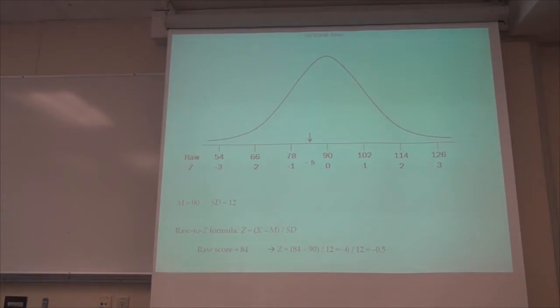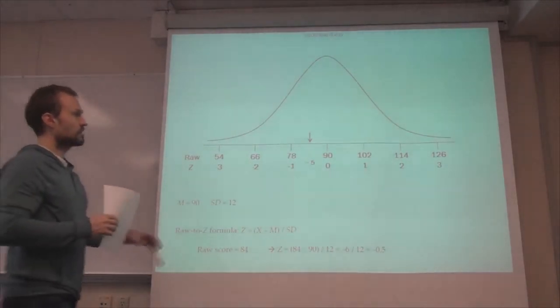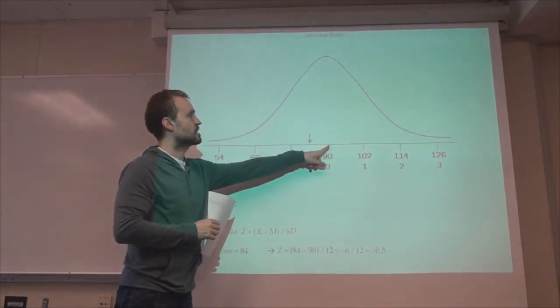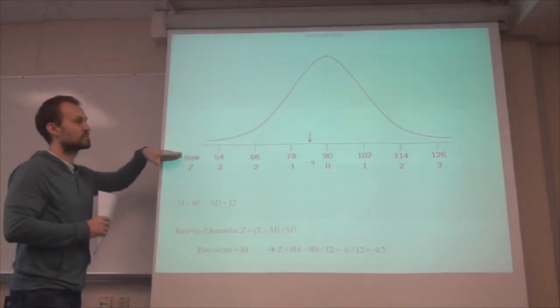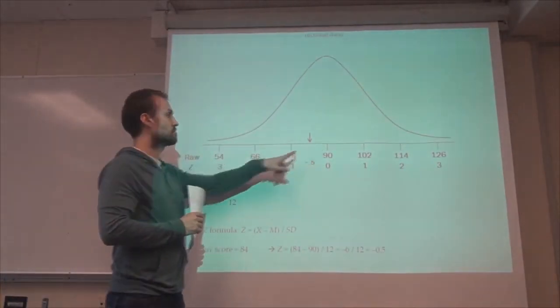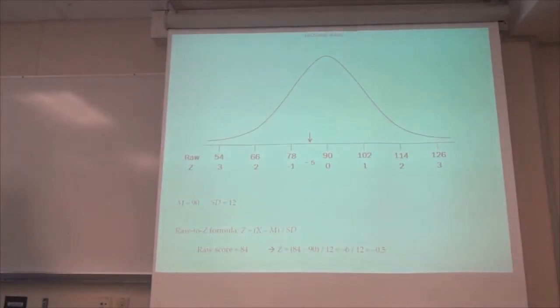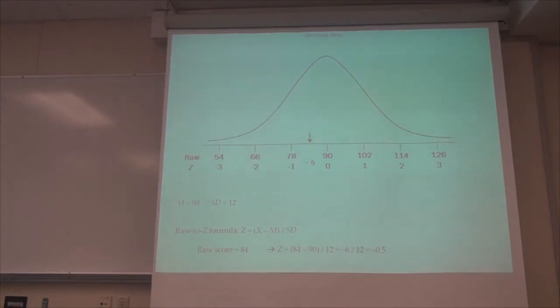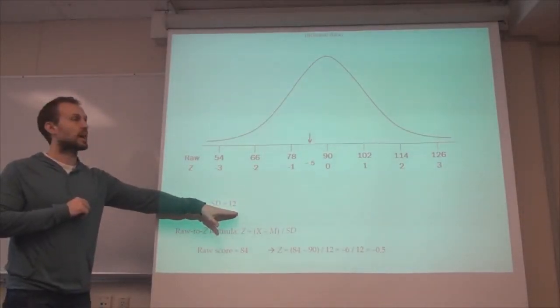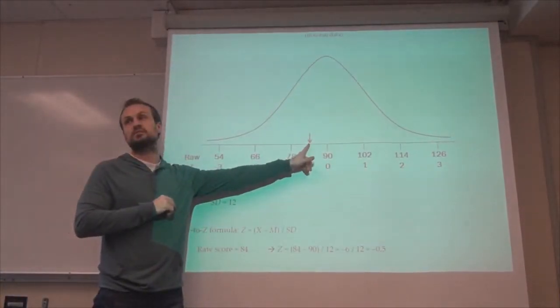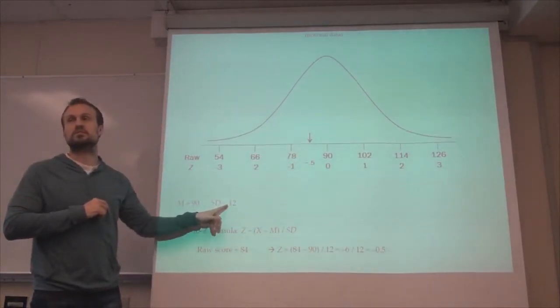Question. Why do you divide -6 by the standard deviation? So if this is my 84, the distance in terms of the actual score numbers is 6. What the z-score wants to measure is how many standard deviation steps I moved. Now, 1 standard deviation step is 12 units. I moved a distance of 6, so that's half a standard deviation step.